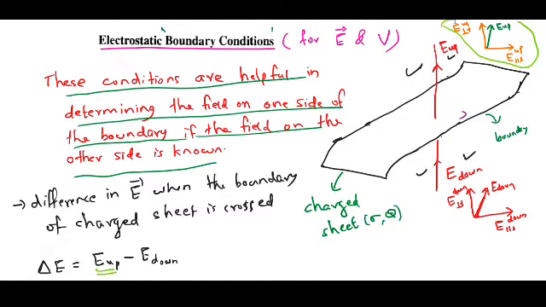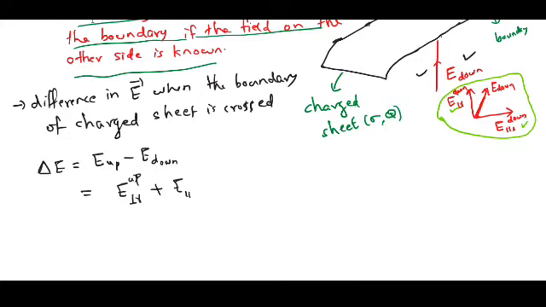Therefore, this can be written as E perpendicular up plus E parallel up, that is components of the E up, minus E down also has two components, that is E perpendicular down plus E parallel down.